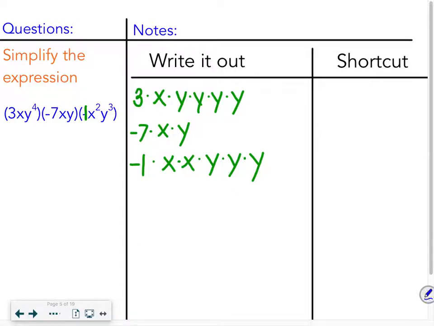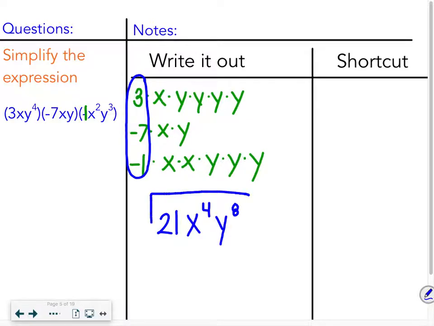All right, if I multiply all 3 of my constants, 3 times -7 is -21. -21 times -1 is 21. I have 4 x's and I have 8 y's, if I count them out. And the shortcut, 3 times -7 times -1 gives me a positive 21.